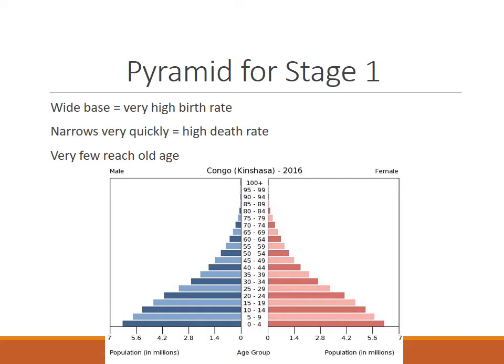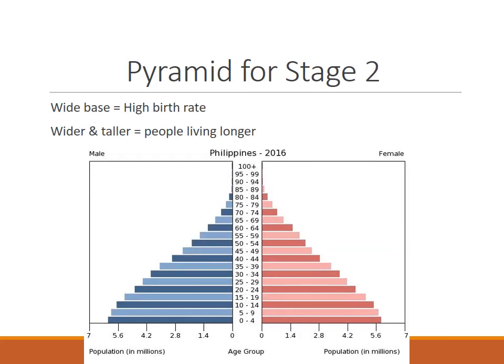Maybe hunting and gathering, maybe living as subsistence farmers in parts of India or things like that. Those small village level populations might reflect stage 1, but there are no countries today that reflect stage 1. Stage 2, however, is what you should associate most graphs that look like that with.